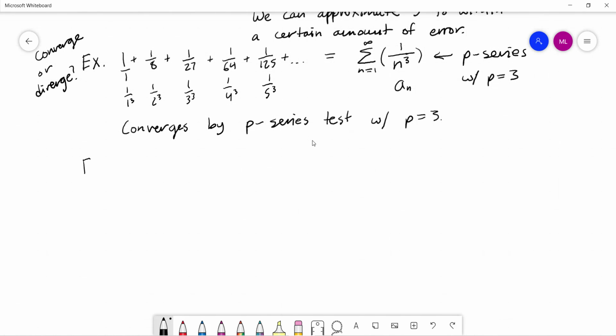And I want to ask that same question here. Let me even give you the sum this time. Let's write it out explicitly. I want the sum from n equals 2 to infinity of 1 over x ln x. So what is this? Is it going to converge or diverge?